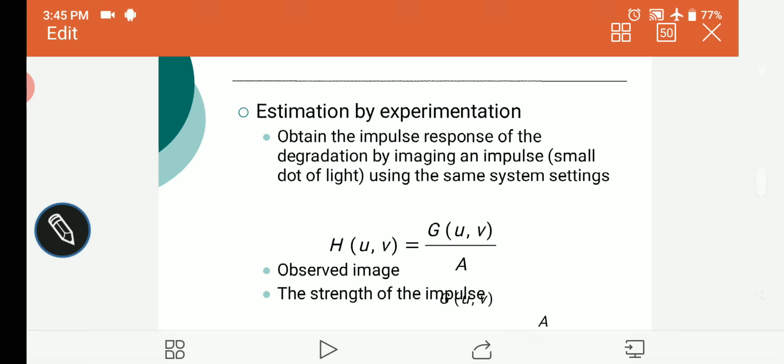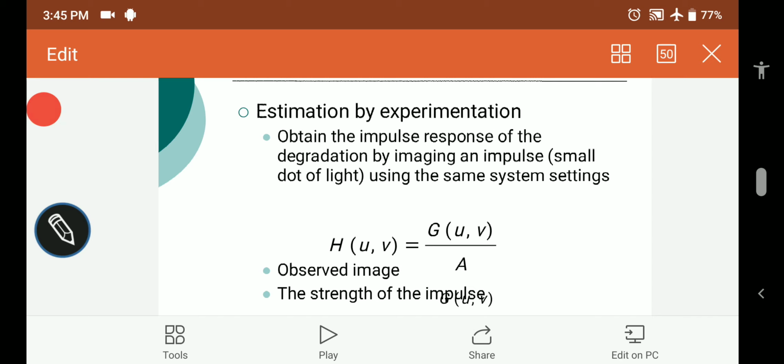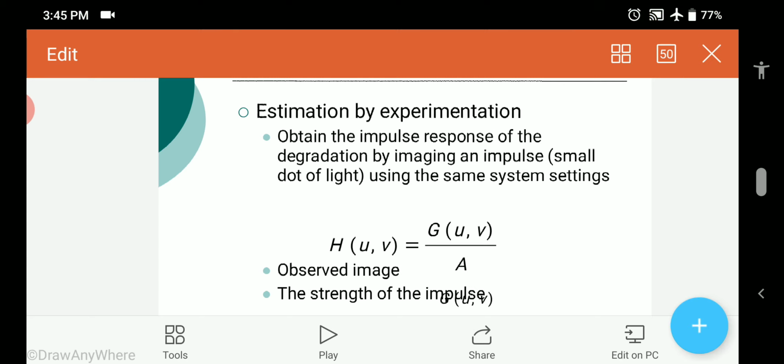An impulse is simulated by a dot of light as bright as possible to reduce the effect of noise to a negligible value, and the Fourier transform of an impulse is given by H of u comma v equal to G of u comma v divided by A, where G of u comma v, as before, is the Fourier transform of the observed image, and A is a constant describing the strength of the impulse.